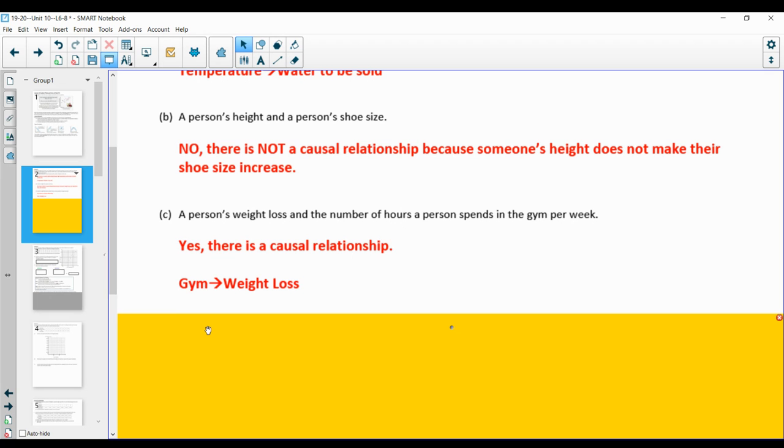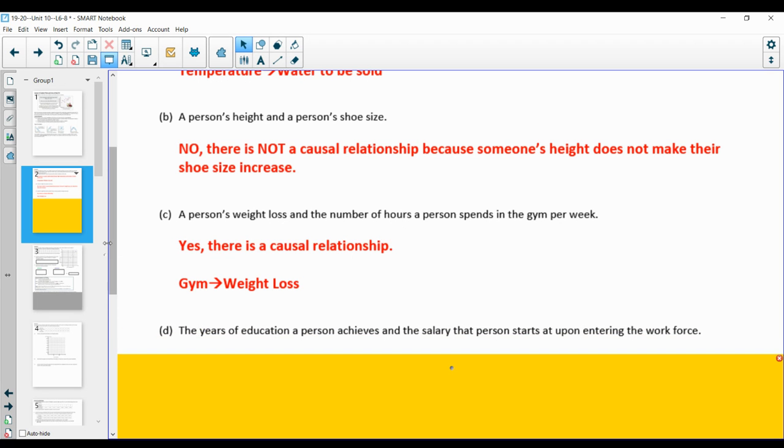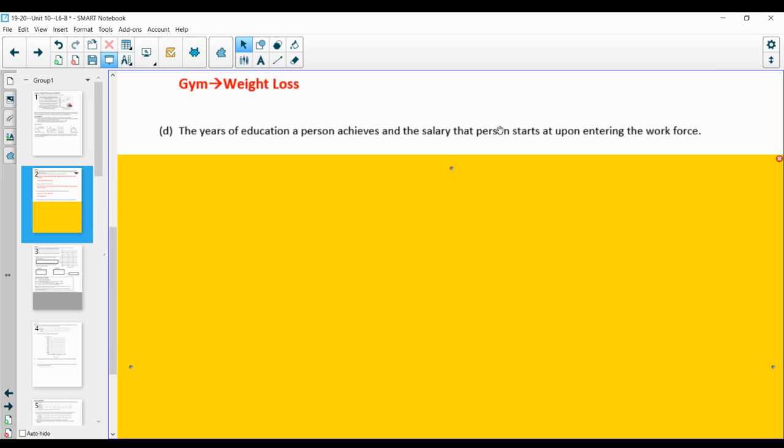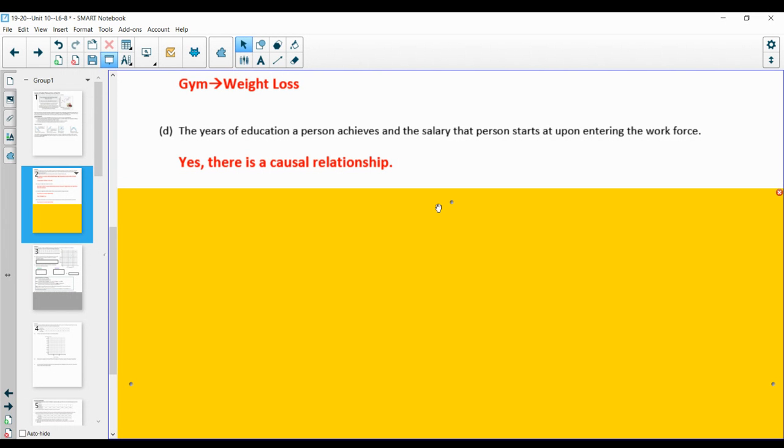And finally, D, the years of education a person achieves and the salary that person starts at upon entering the workforce. Is there a causal relationship? The answer, once again, is yes.